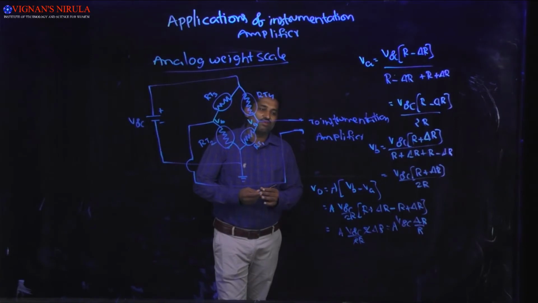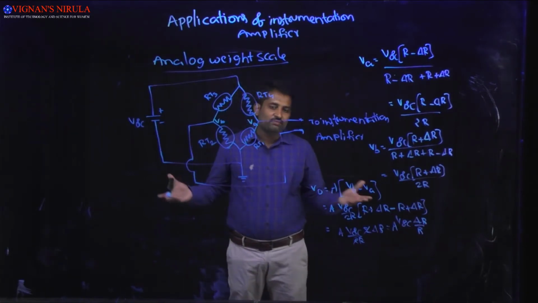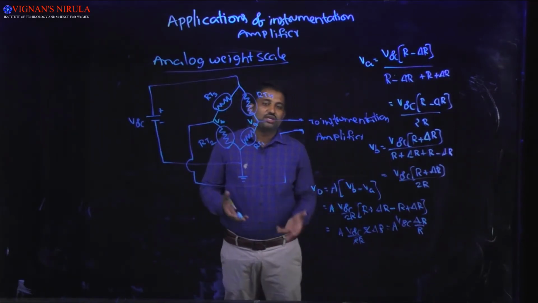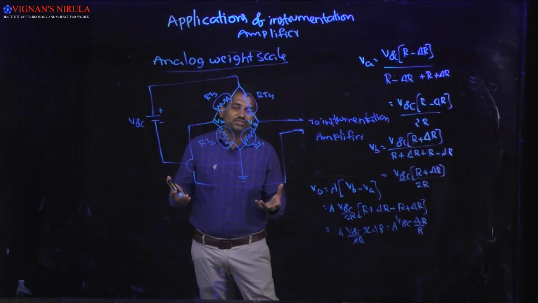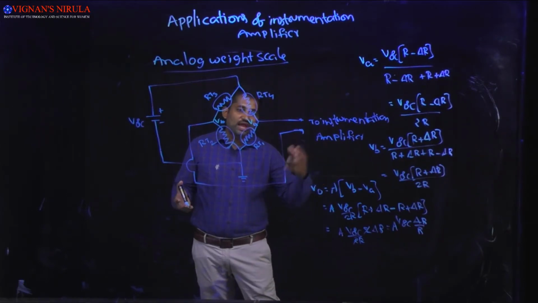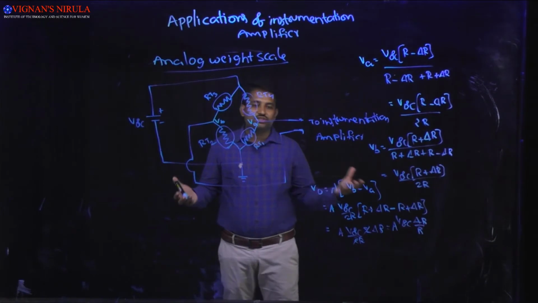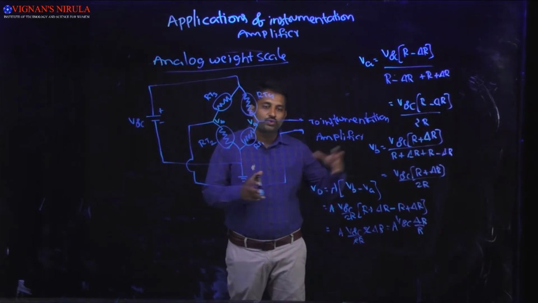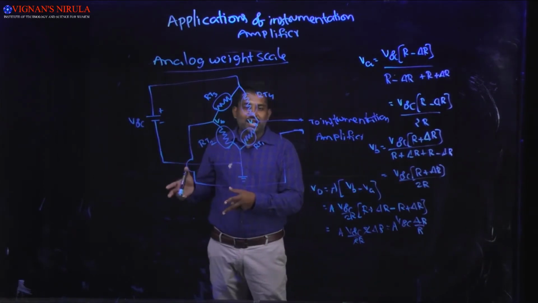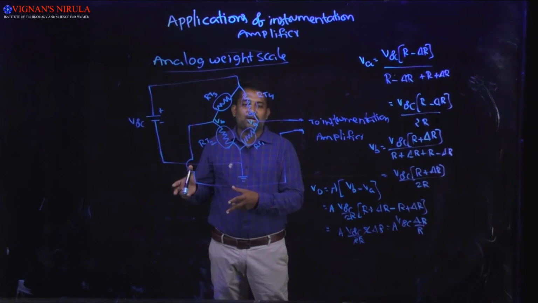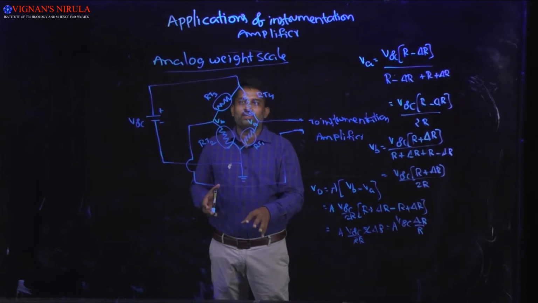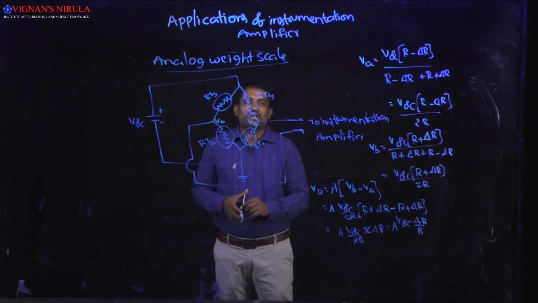If the value of the resistance changes, then the output voltage changes. If the change in the resistance value is 0, then the output voltage is 0. If the output voltage is 0, the bridge is balanced. That indicates we are not placing any element on the weight platform. This is about the analog weight scale.